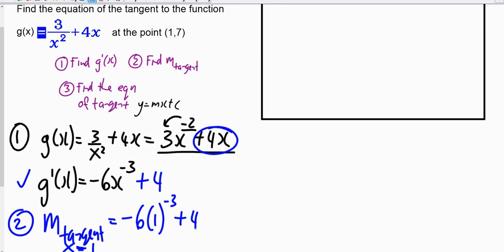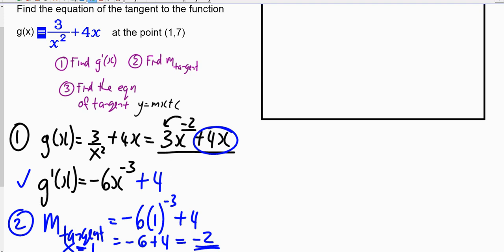And at this stage, you could use your calculator to get an answer, or you can solve it mentally. 1 to any power is just going to be 1. So 1 to the power of minus 3 is still going to be 1. 1 times minus 6 is minus 6 plus 4 gives me a value of minus 2. So that means the gradient of my tangent at the point 1, 7 is minus 2.